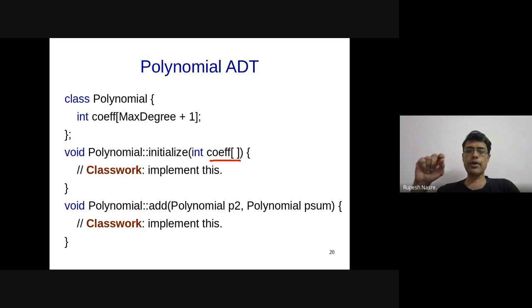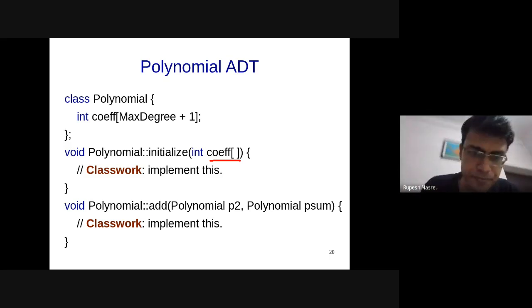If you are taking it by polynomial ampersand P2, polynomial ampersand Psum in polynomial colon colon add, then I just need to pass P2 and Psum. If you are going to have polynomial P2 and polynomial Psum as pointers, then I need to pass ampersand of P2 in main and ampersand of Psum in main as well.